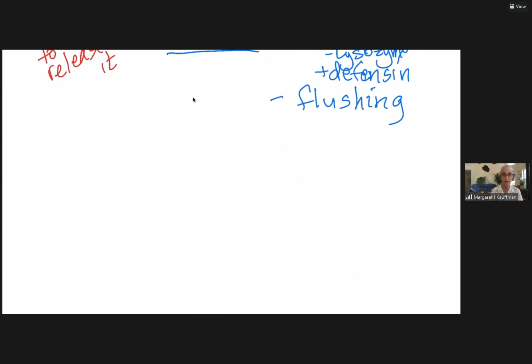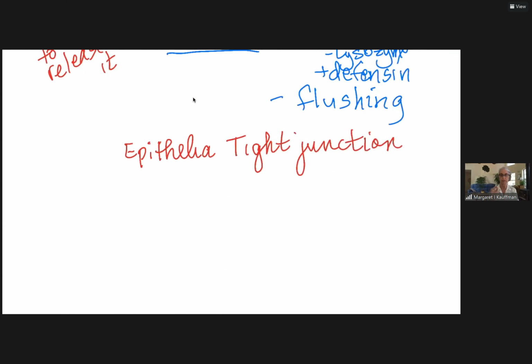The other thing I would point out is that if you're in epithelial cells, you're going to have lots of tight junctions. So we also want to make a structural wall. Augustine really did a fantastic job of going through what is secreted and what in those secretions would help eliminate things. But we also just really want to build a physical wall. So epithelial tight junctions, it doesn't matter where you are, whether you're genital, your skin, you're going to have lots of tight junctions to decrease the paracellular route when you can.